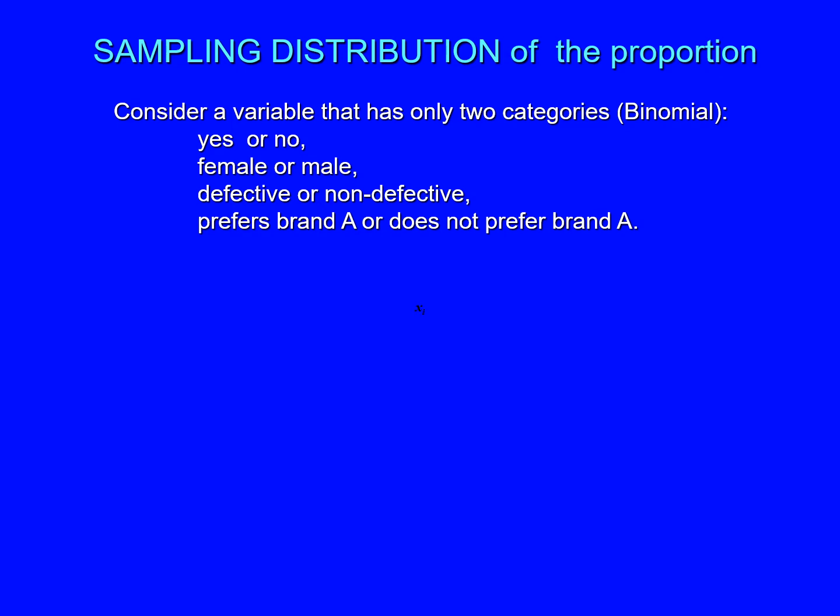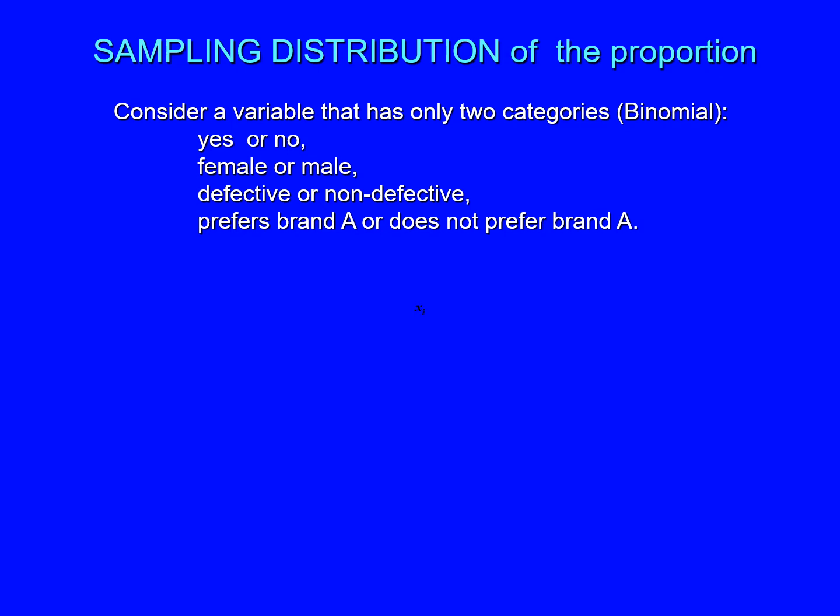Right? Now, what's the meaning of the proportion we are studying? We consider a variable that has only two categories: yes or no, male or female, defective or non-defective, brand A or brand B, party A or party B, or whatever.